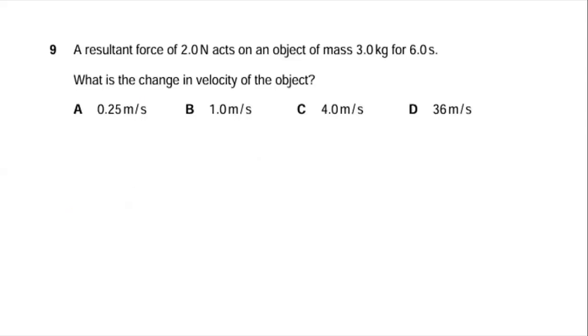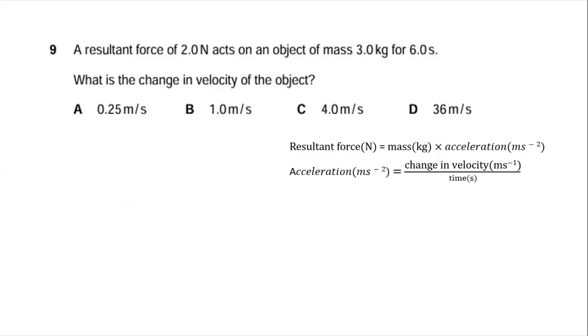Question number 9. A resultant force of 2 Newton acts on an object of mass 3 kilogram for 6 seconds. What is the change in velocity of the object? We know resultant force is equal to mass into acceleration, with resultant force in newtons, mass in kilograms, and acceleration in meters per second squared. Acceleration is change in velocity divided by time.